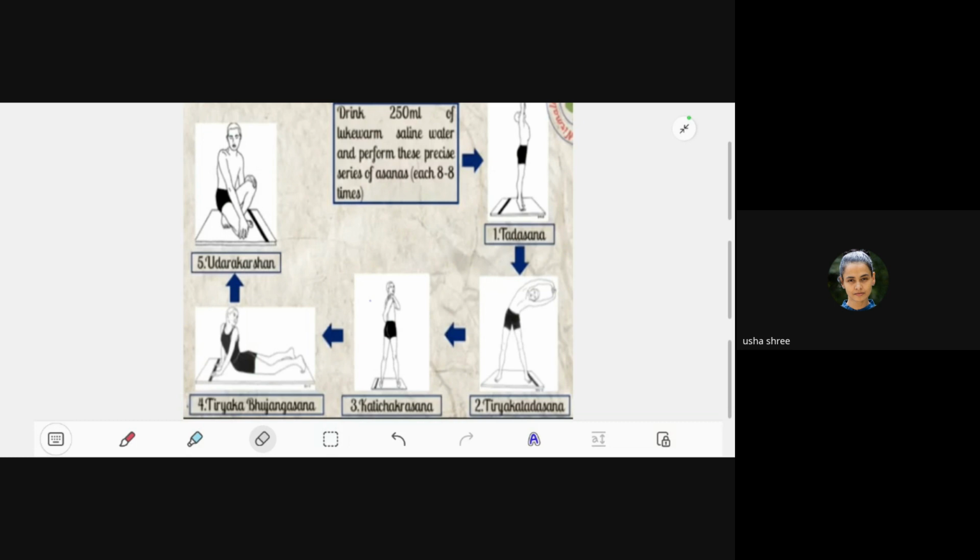One very important difference between the two: if someone is going to perform the Poorna Shankhaprakshalan, then for nearly 3 to 4 days before, they should not eat properly. They should eat only khichdi or very light food, not heavy food like roti.